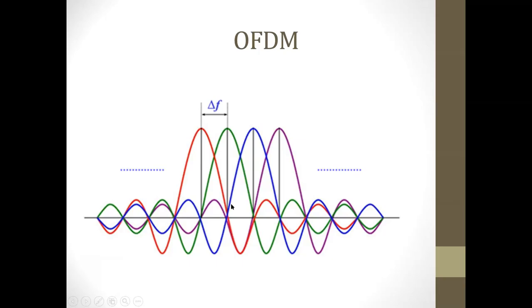Well, as I deviate from the center frequency, the energy reduces. As it keeps reducing, it falls to zero when you get to the center frequency of another carrier, your next subcarrier.